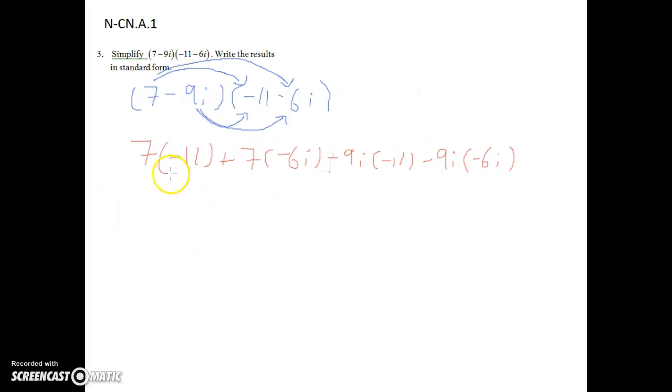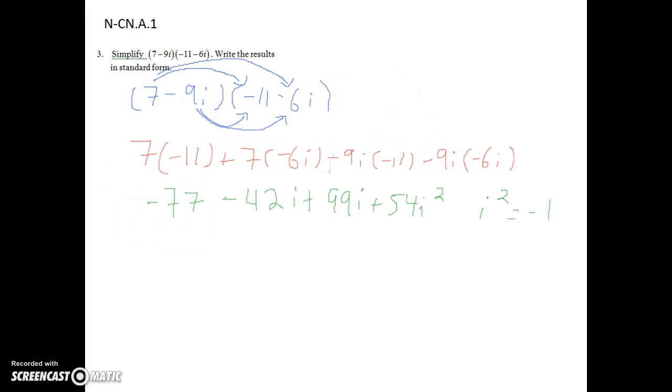So we're going to go ahead and reduce all of these. Just be careful as you're going along. Your i's stay there. Remember, negatives and negatives make positives, so we can just write that as plus. And negative 9 times negative 6 is positive 54. i times i is i squared. We can't forget that. We also have to remember that i squared equals negative 1.